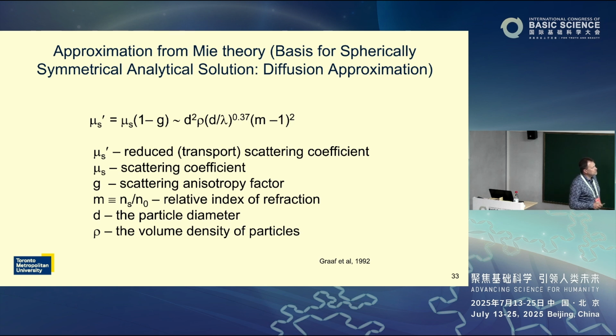The analytical solution for diffusion approximation can be presented here, including the reduced transport scattering coefficient, and once again 1 over mu s prime. That's when the photons become diffuse and multiple scattered. Okay, and that's the main mathematical tool we operated.